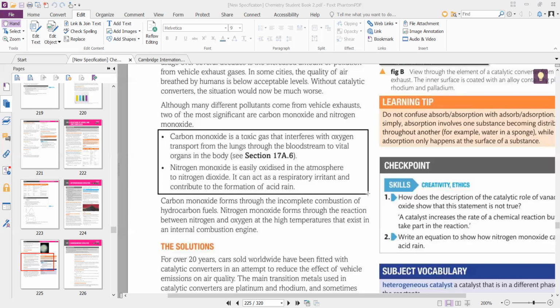Carbon monoxide will reversibly react with hemoglobin and reduce the oxygen carrying capacity of the blood. Nitrogen monoxide is a respiratory irritant. Copy this one.